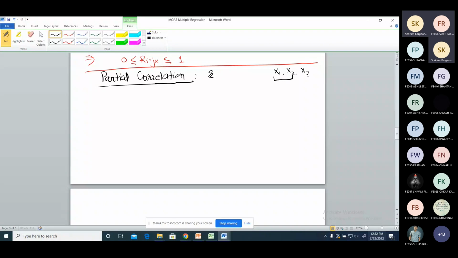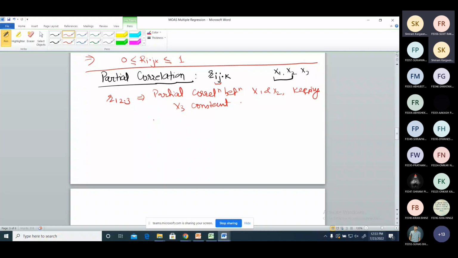If you study the correlation between x1 and x2 and keep x3 constant, then you say partial correlation between x1 and x2 keeping x3 constant. In general we write R ij dot k. The two subscripts before the dot are those studied, and the subscript afterwards is kept constant. For example, R12 dot 3 is the partial correlation between x1 and x2 keeping x3 constant.